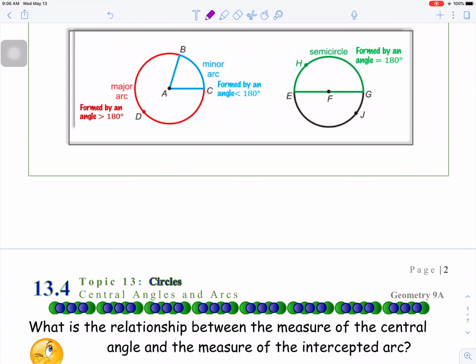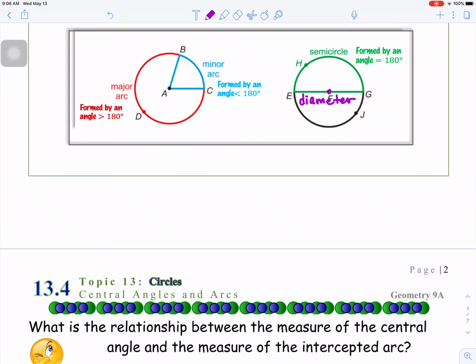And a semicircle. This segment, EG, is a diameter. How do I know? Because it's going through the center of the circle. It's a chord. A chord is a line segment in a circle, and the longest possible one goes through the center. It's called the diameter. Now that diameter is cutting the circle in half.